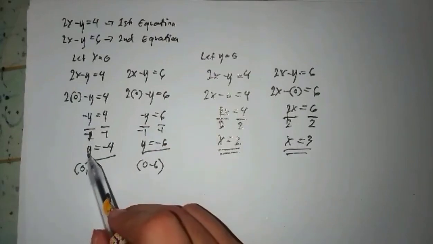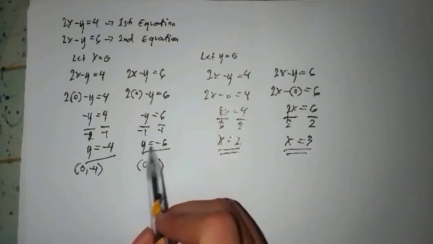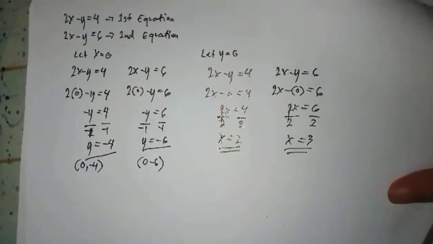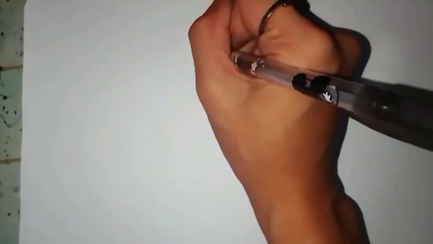And then, ang y niya is y equals negative 4 and y equals negative 6. So, ang buhaton na to is graph. I-graph na po na to siya.